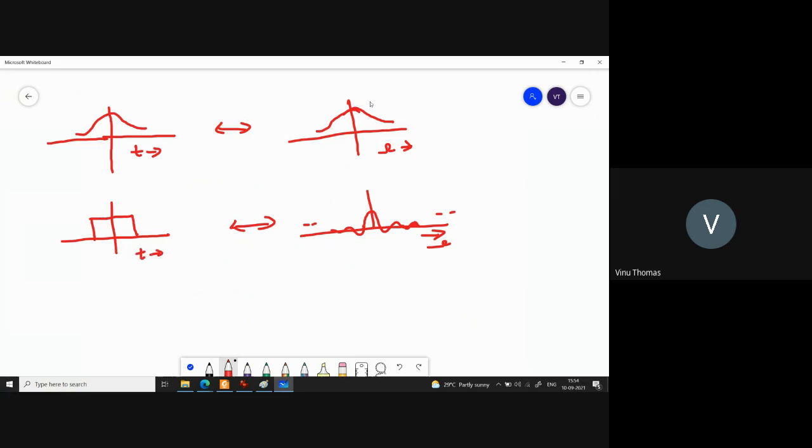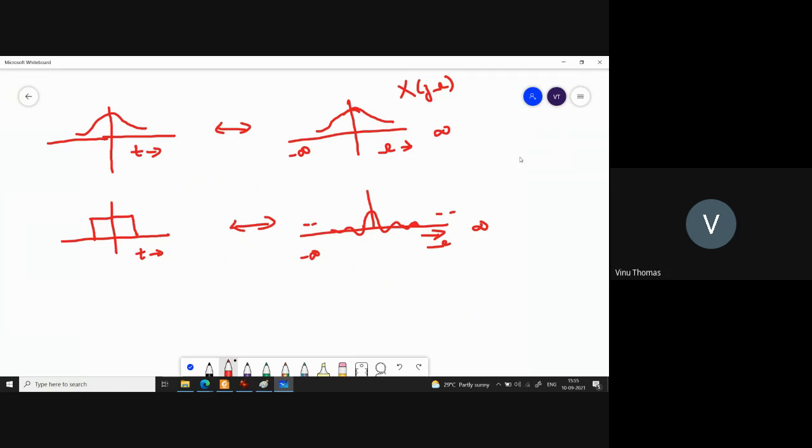Okay, so you see that x of j omega or x of omega is a continuous function in omega. Omega takes all values from minus infinity to plus infinity. What is omega? Omega being your angular frequency. So you have to have some justification for this negative frequency.